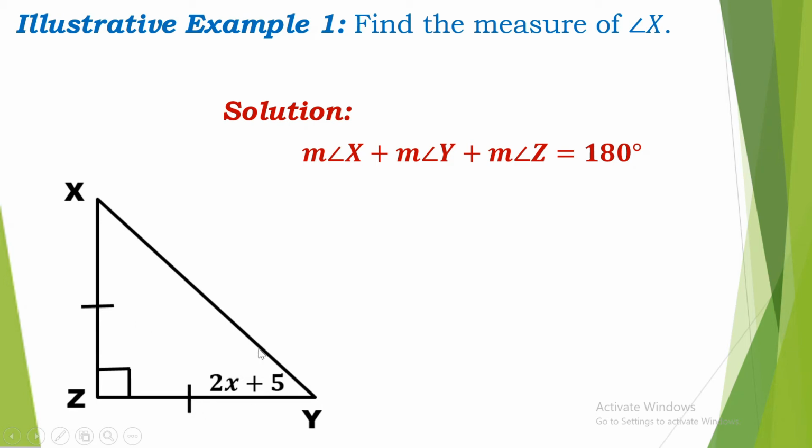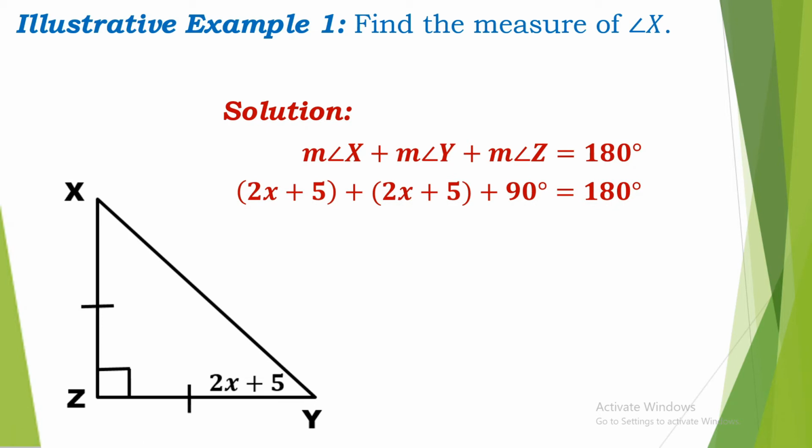So if angle Y measures 2x plus 5, then it follows that the measure of angle X is also equal to 2x plus 5. So by substitution, we now have 2x plus 5 plus 2x plus 5 plus 90 degrees is equal to 180 degrees.